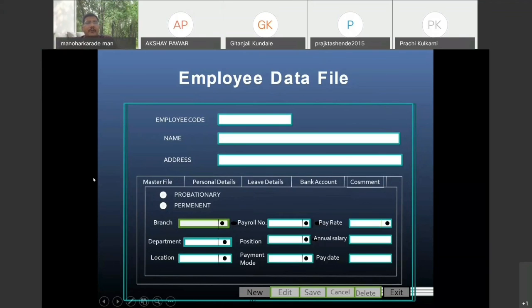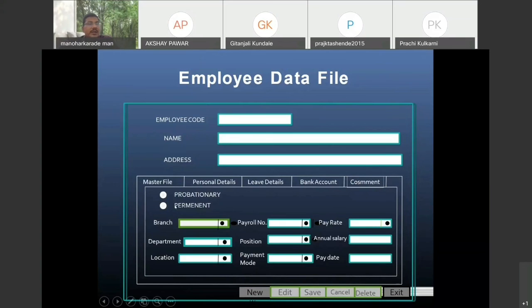So what should be the inputs to create a software for your organization? Normally we should provide employee code, name, address, then there will be a master file. Then personal details, leave details, bank account details, then the amount and aspects, then probationary or permanent.